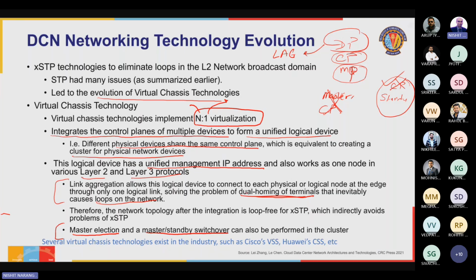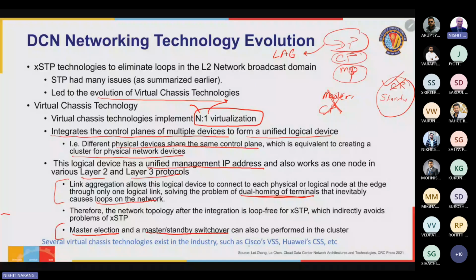So a lot of virtual chassis technologies became popular at that time, and in many private data centers which have not evolved till date, they still continue to use virtual chassis technology. You'll find such data center networks spread across the globe which are still not evolved to modern topologies, and they still use virtual chassis technology.